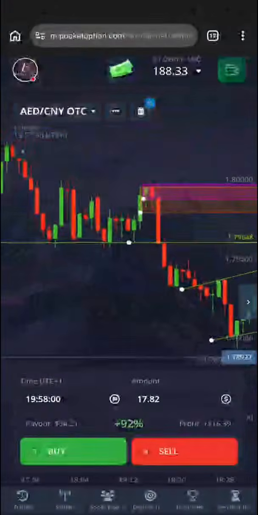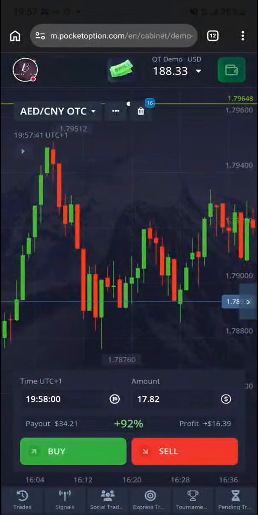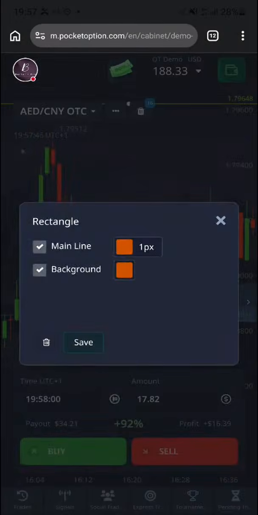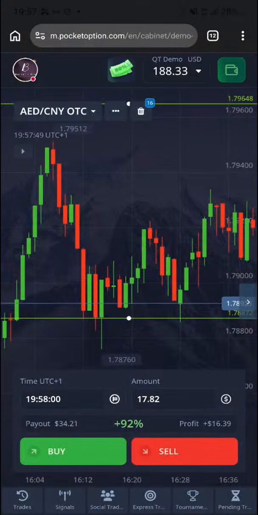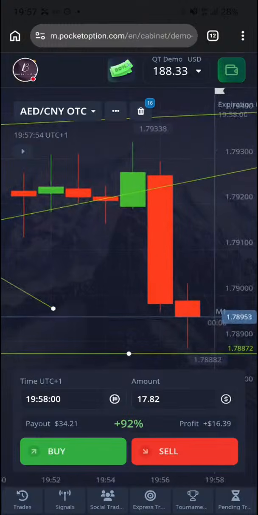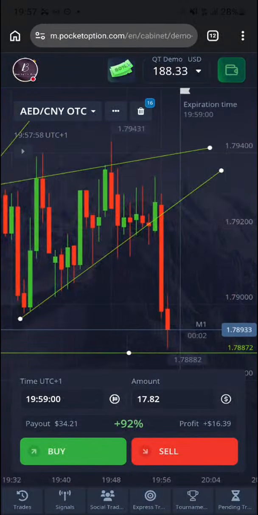Let me see if we have a demand area that can reject the price. Let me put... Okay. You see this level now is a demand area that can reject.